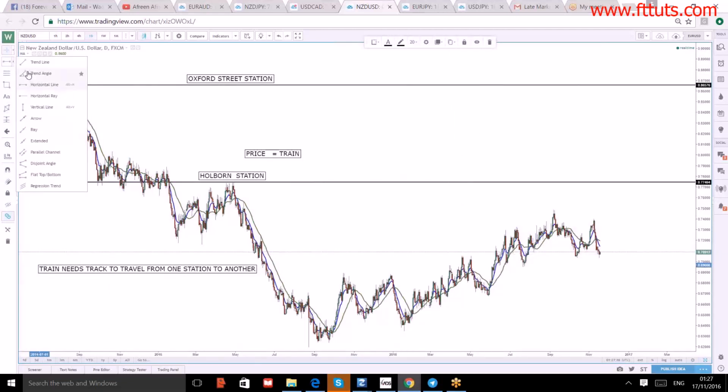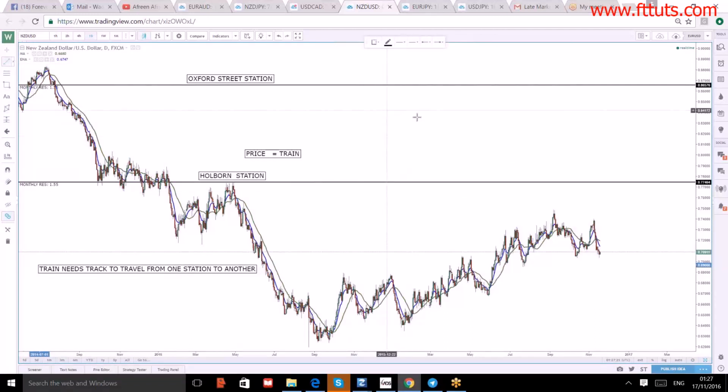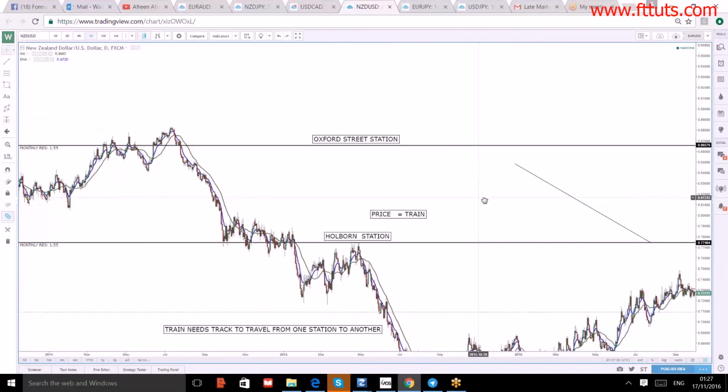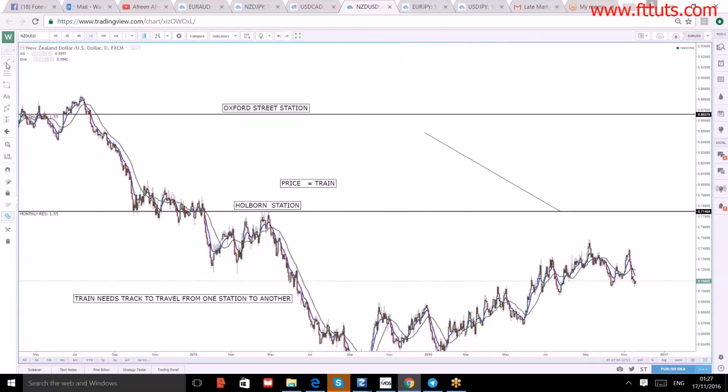The tracks would look like this. That's even better. So the track will look like this, guys. Agreed?